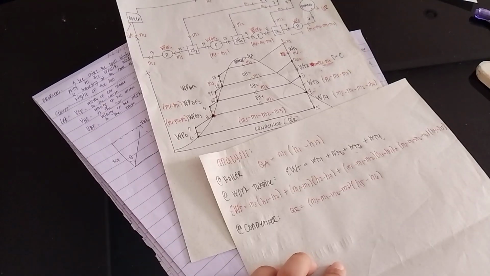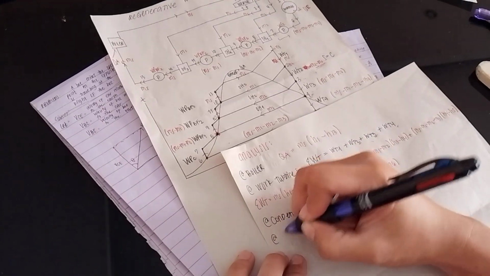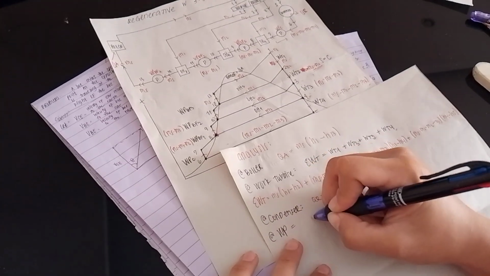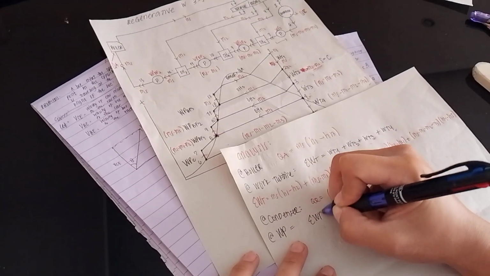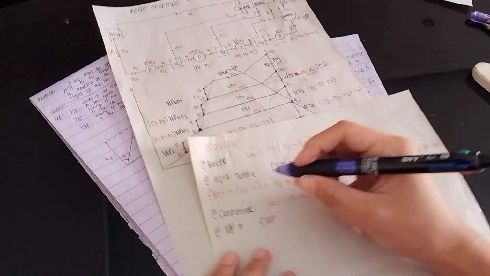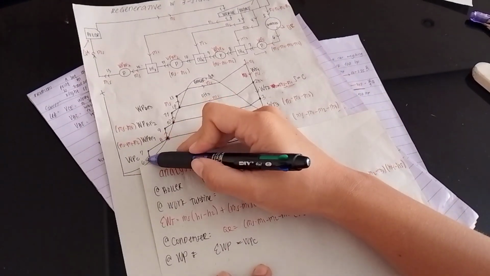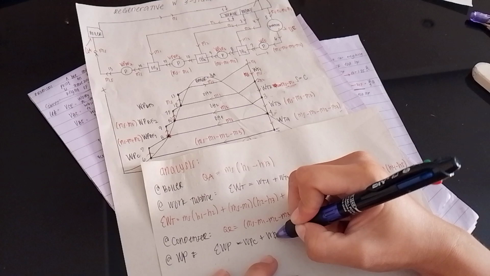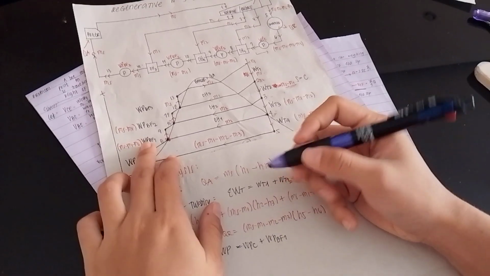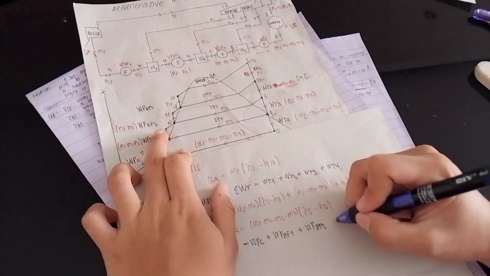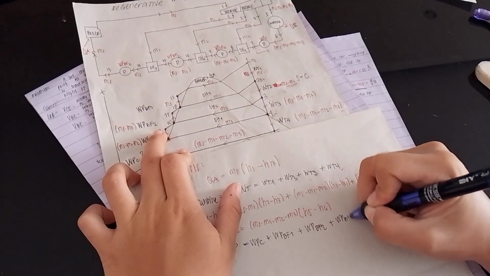Mura na ang condenser. So, next, the work pump. Atong work pump is the summation of WPC, plus WPBF1, plus WPBF2, then WPBF3.